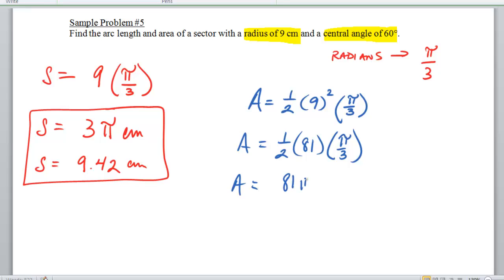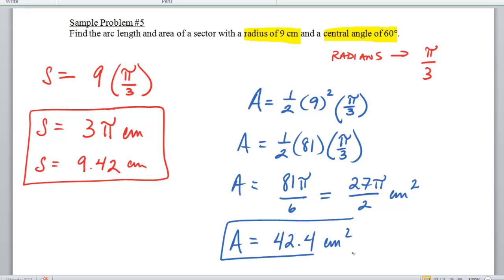You don't have to work out every single step such as I am doing here, where we get 27 pi over 2, and of course that's centimeters squared. Most probably what you would see is this answer in terms of decimals, which would be 42.4 centimeters squared. So those are two basic examples of obtaining arc length and area when you have a central angle given to you and using it in terms of radians.